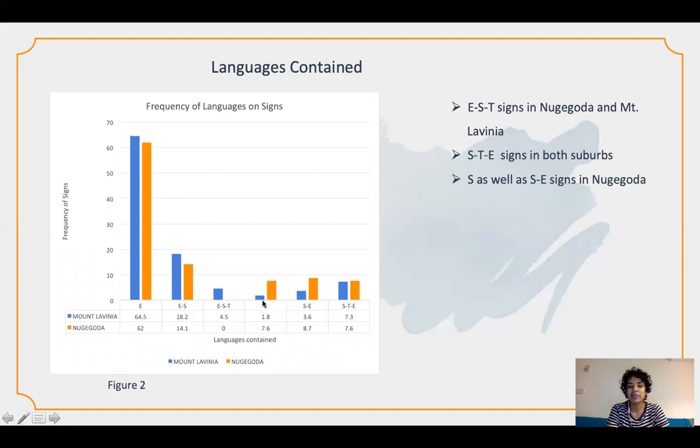And here we will see that Sinhala monolingual signs and Sinhala and English signs were more powerfully present in Nugegoda, implying that Nugegoda had more of a Sinhala-speaking community. What's very interesting, and lets us easily move on to our next section, is that the format that is legally legislated is Sinhala, Tamil, English, and that is equally present in both suburbs.